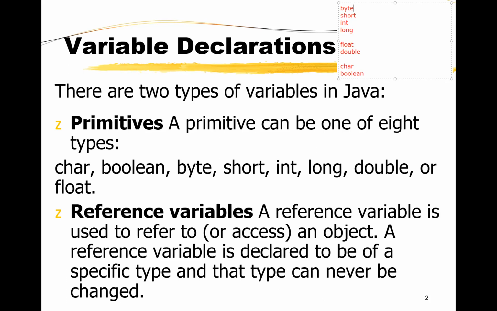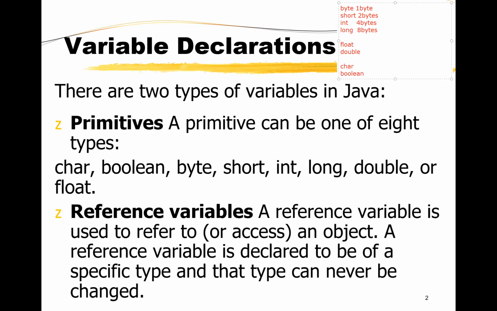An integer. Right now this is 1 byte, short is 2 bytes, and integer takes 4 bytes. When you declare an integer variable, it takes 4 bytes from the memory. If it is a long variable, it takes 8 bytes from the memory.